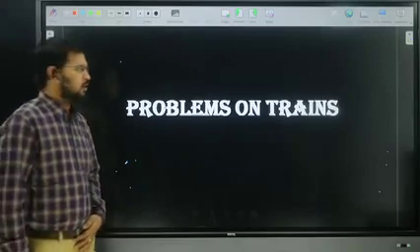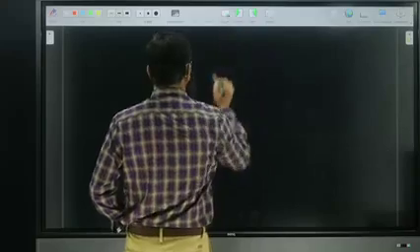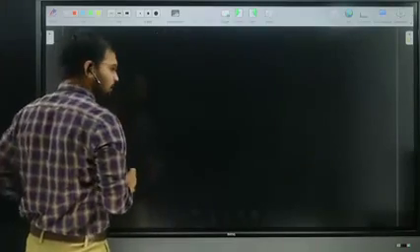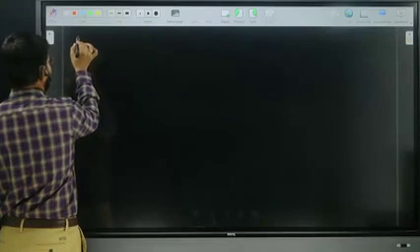Okay? So, the next point: whenever a train is crossing a stationary object.